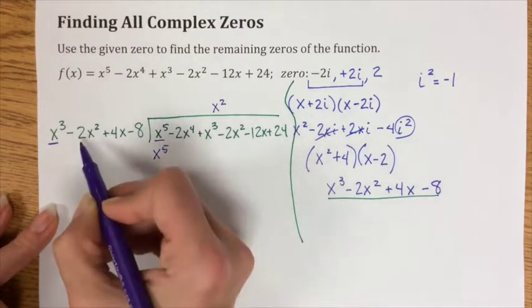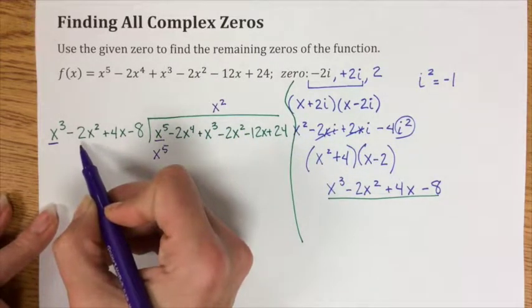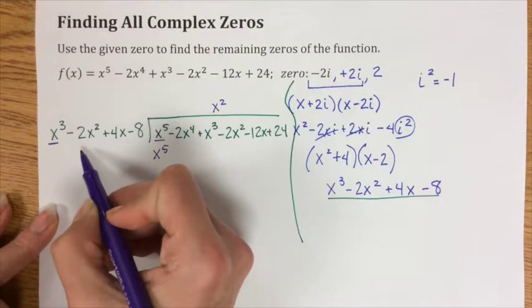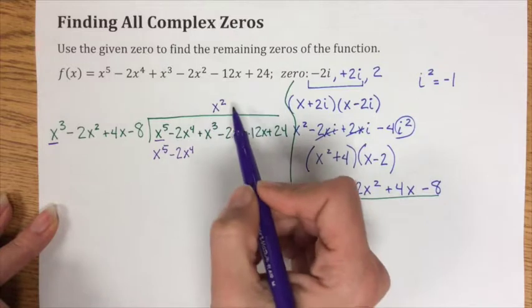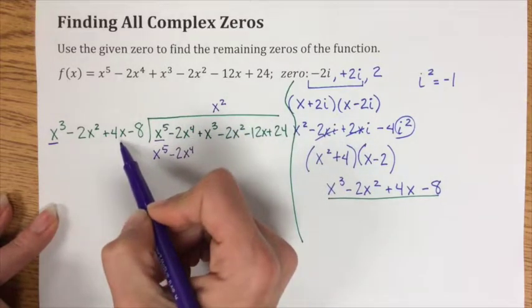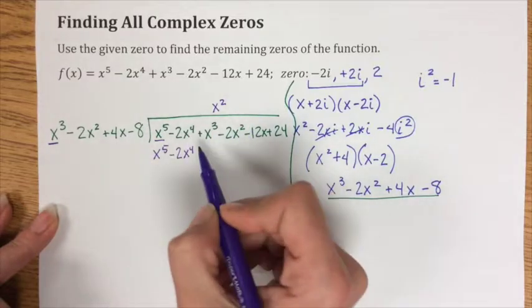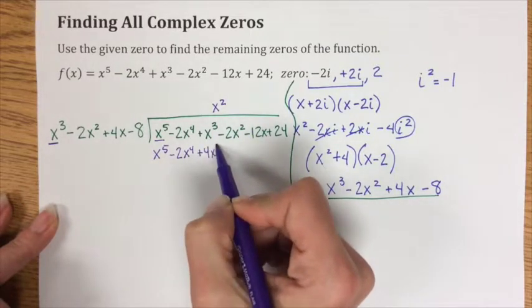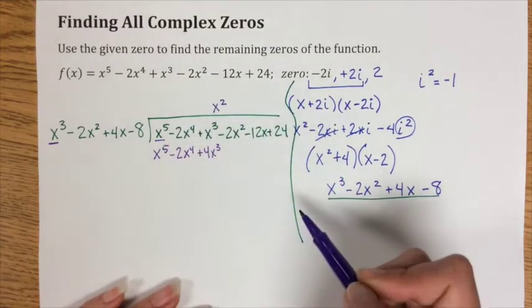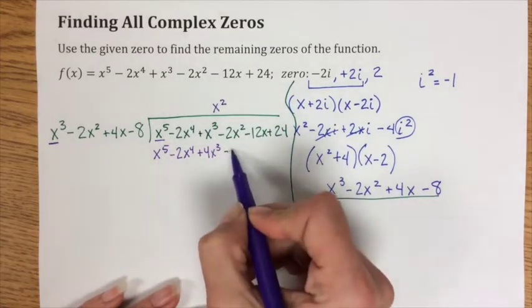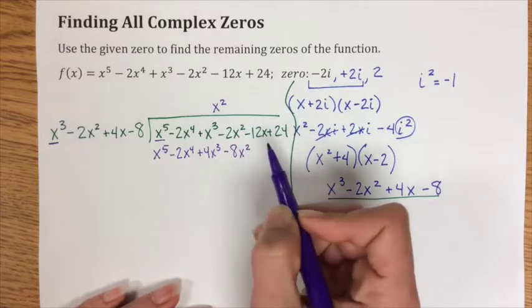X squared times negative 2x is negative 2x to the 4th. X squared times 4x is positive 4x cubed. X squared times negative 8 is negative 8x squared.